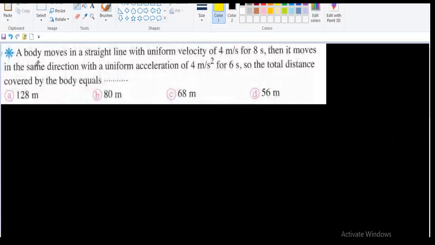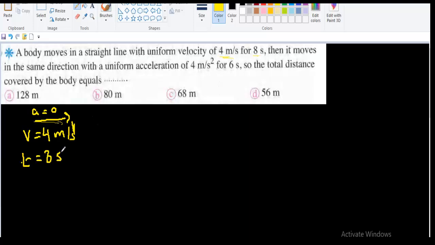In this example, a body moves in a straight line with uniform velocity of 4 meters per second for 8 seconds. So in this period the acceleration was 0, the velocity was 4 meters per second, for a time of 8 seconds.